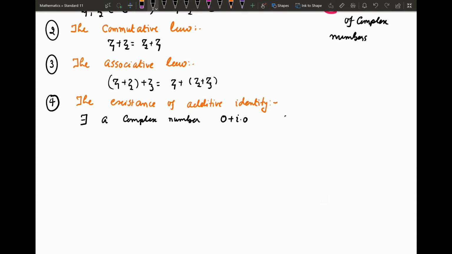Simply it is denoted by 0, called the additive identity.